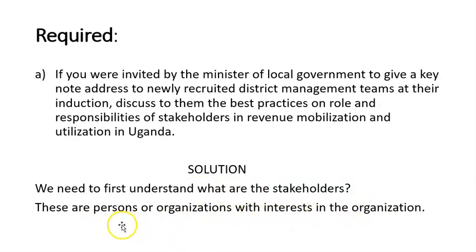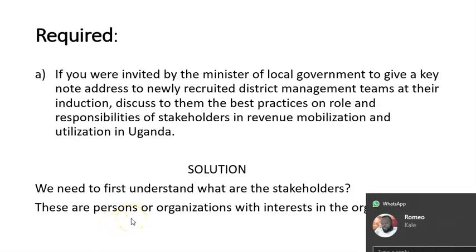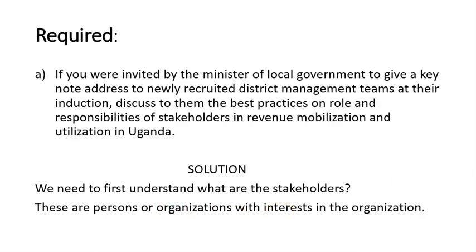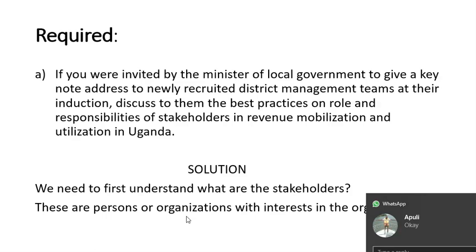For example, NGOs have funders. If you have a funder, let me say an investor, that's an external stakeholder. Then we have internal stakeholders. Who are they? We have, for example, the employees, the top level management, and the low level management, and so those are the stakeholders.